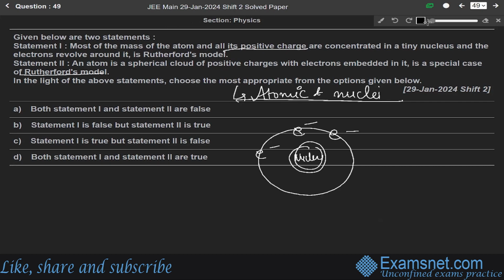So statement 2 is wrong and statement 1 is true, since this is the Rutherford model, which is a true statement, and the other is the Thomson model, not the Rutherford model. So the correct option is option C, that is, statement 1 is true and statement 2 is false.